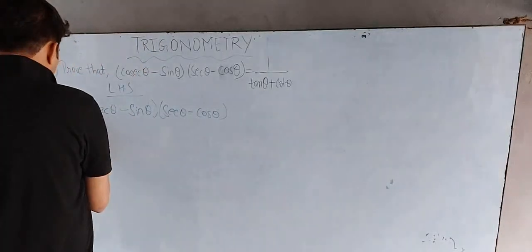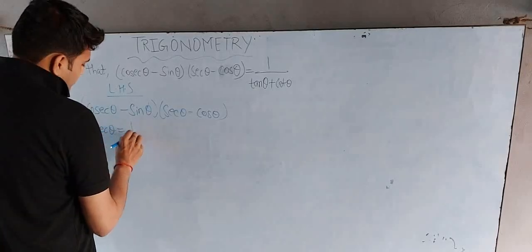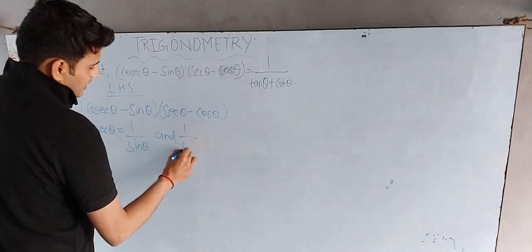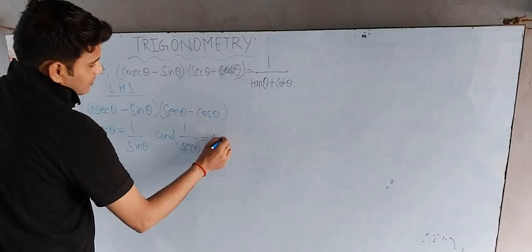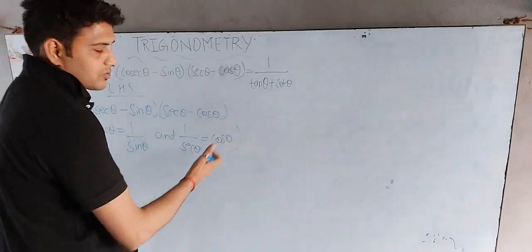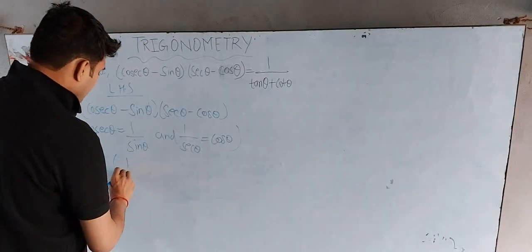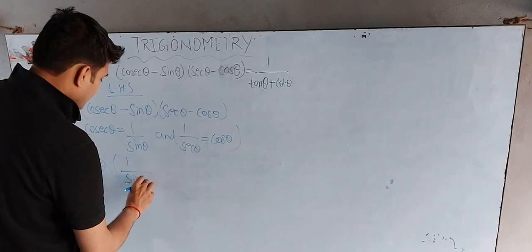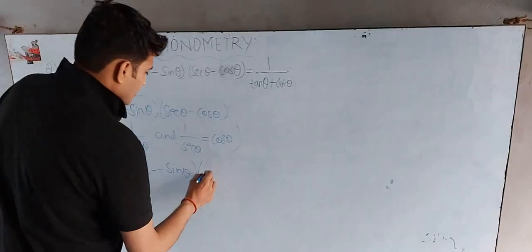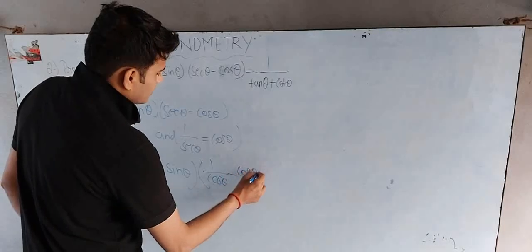Convert this cosec and sec in the form of sin and cos. What you will get? As cosec theta is equal to 1 upon sin theta, and 1 upon sec theta is equal to cos theta, or you can write 1 upon cos theta is equal to sec theta, same meaning. You will get 1 upon sin theta minus sin theta, into 1 upon cos theta minus cos theta.